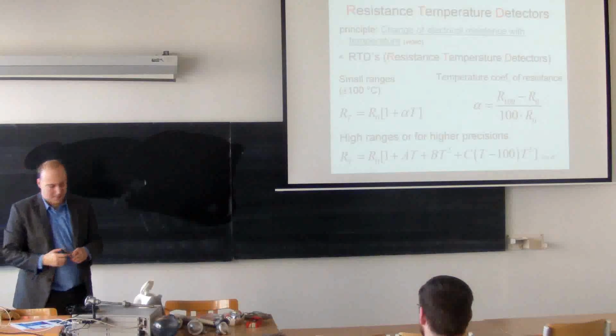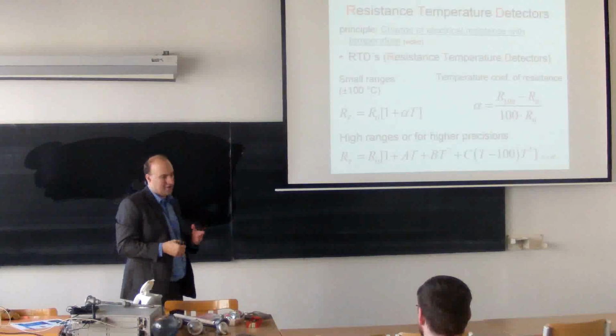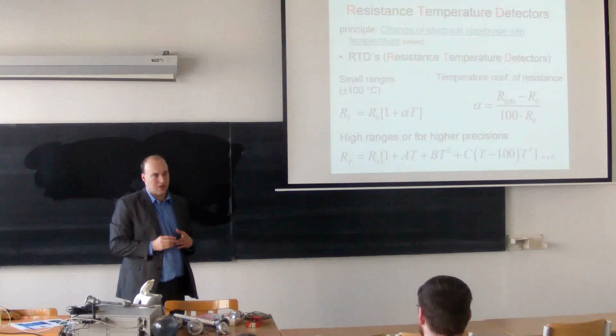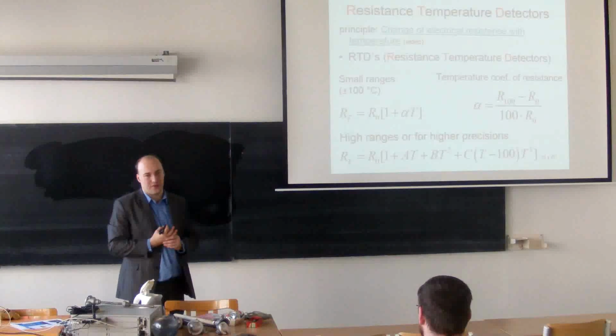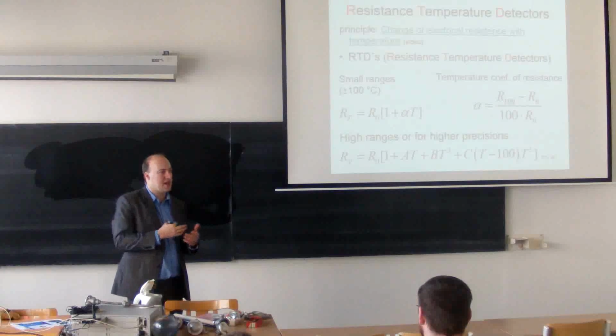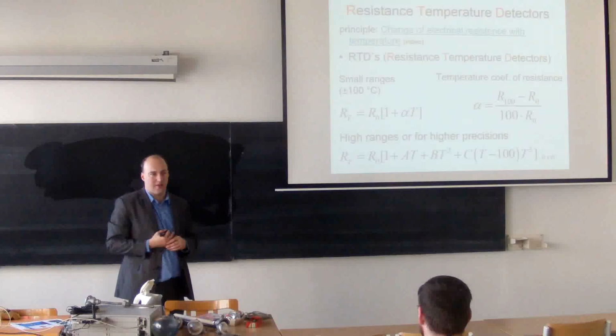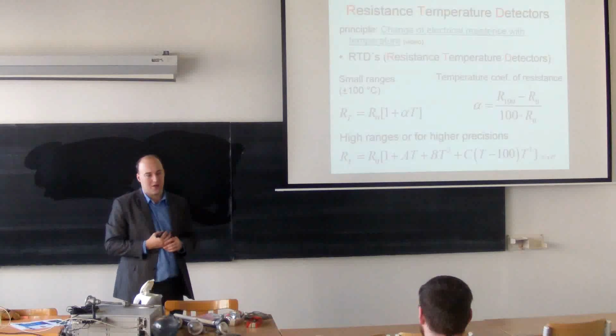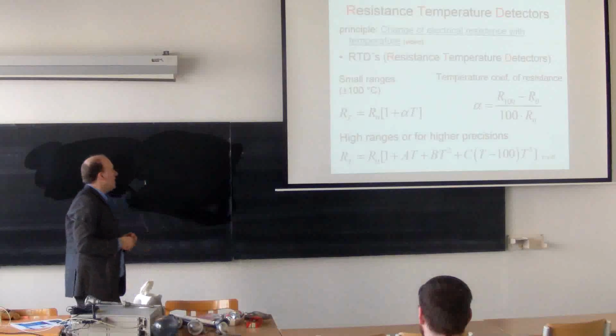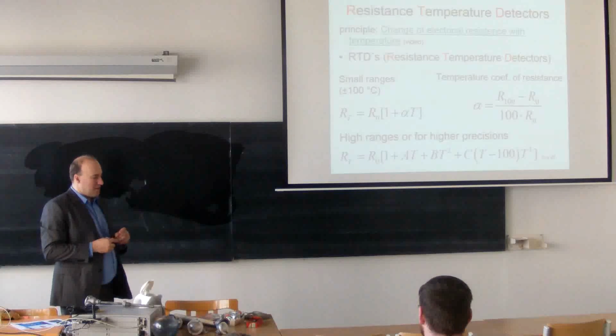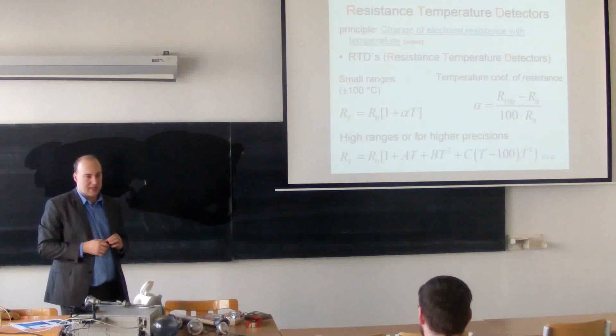So the RTD will give you different values of electrical resistance as a function of temperature. Then you can take this RTD and connect it to a bridge if you want a voltage or current. There is some defined dependence between temperature and electrical resistance.